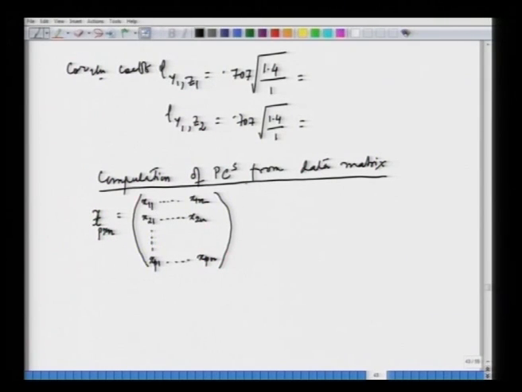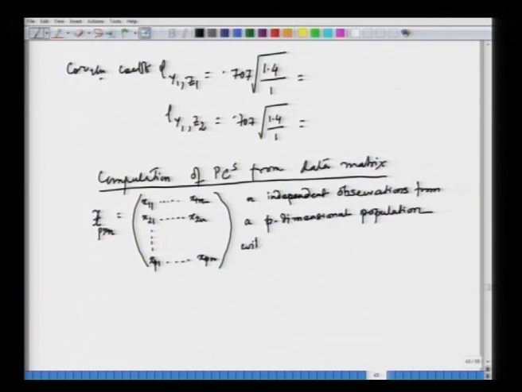So, what we have is n independent observations that we have arranged in this way from a p dimensional population, that is how we have the first dimension of the data matrix, with mean vector mu and variance covariance matrix sigma.